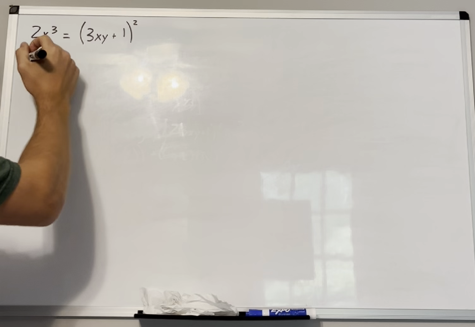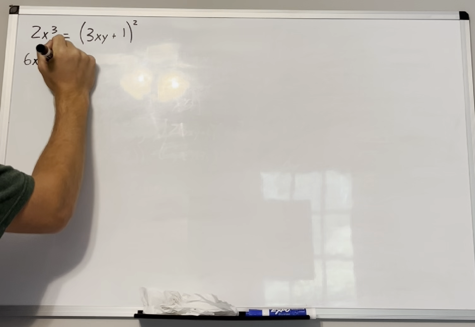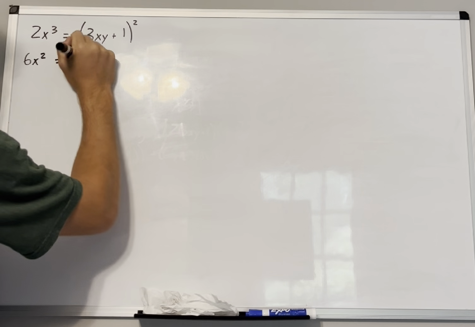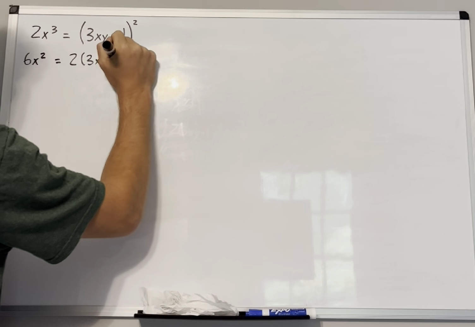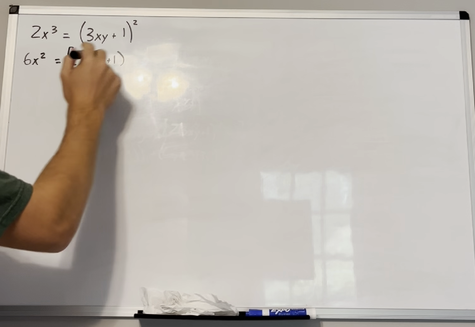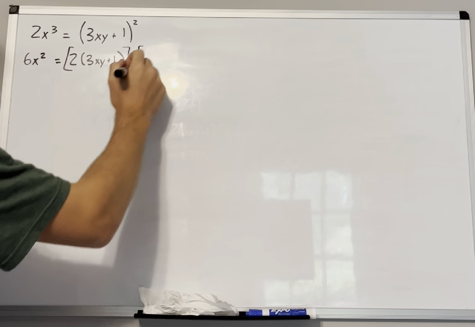You have to take a derivative of this side, which everyone should know how to do. Very simple. And then the other side, you first do the power rule, 3xy plus 1, and then you multiply that times the derivative of the inside.